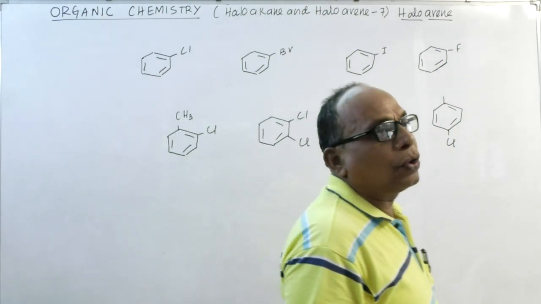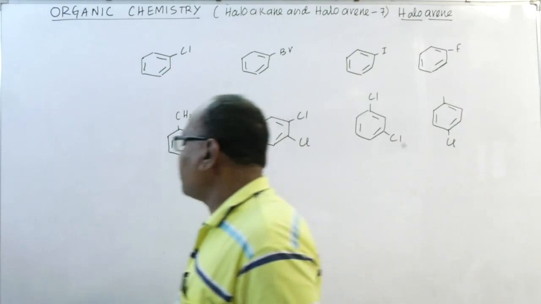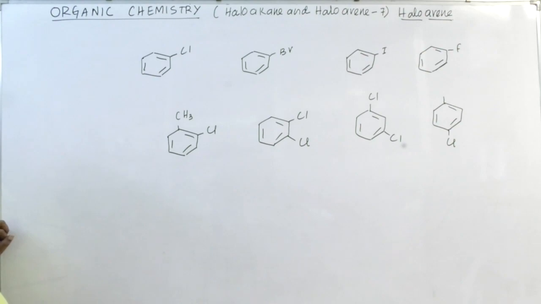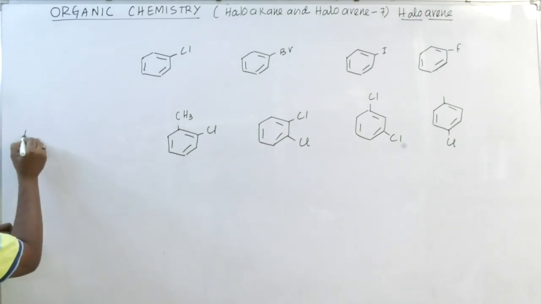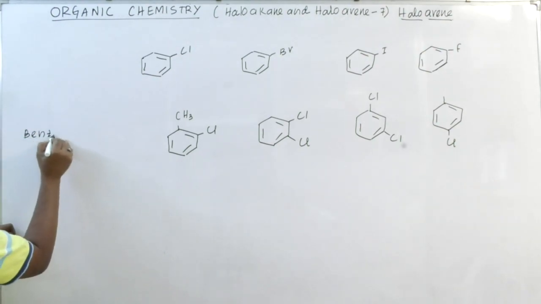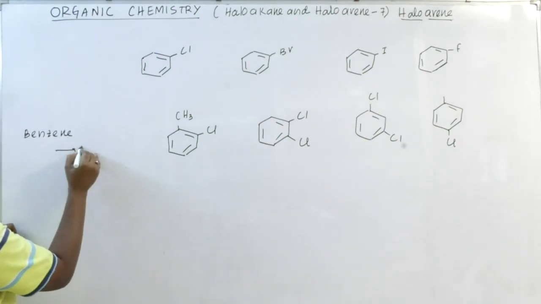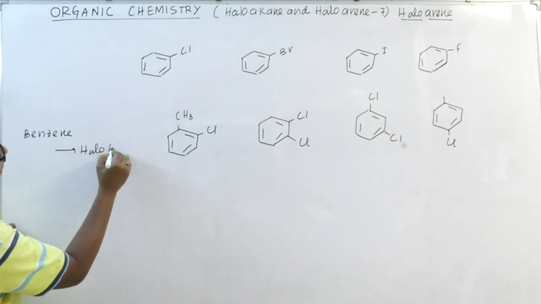Next we come to the nomenclature. The nomenclature of haloarenes is the same as for halogen derivatives of alkanes; the parent molecule, benzene, changes to halobenzene.